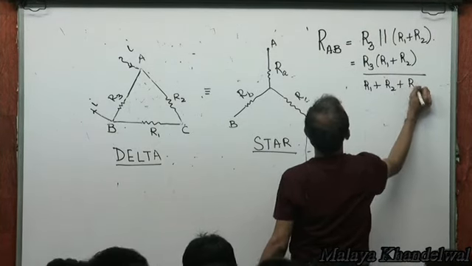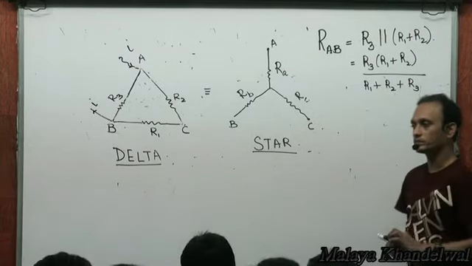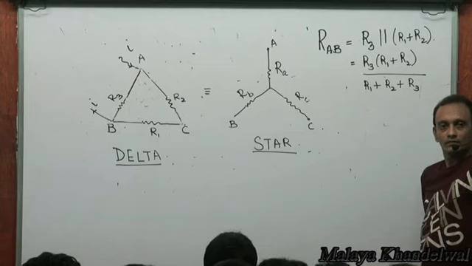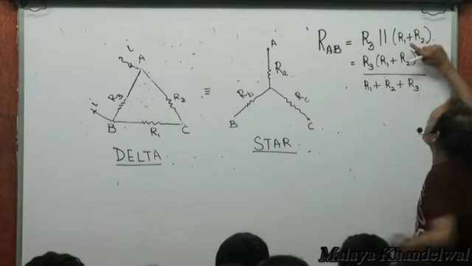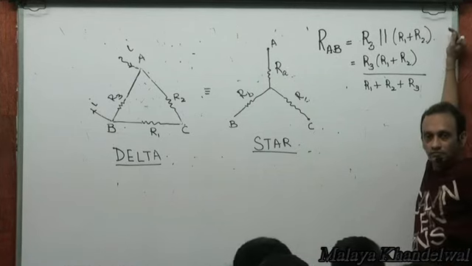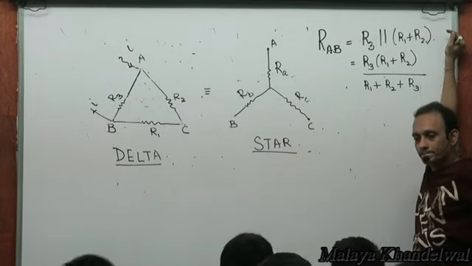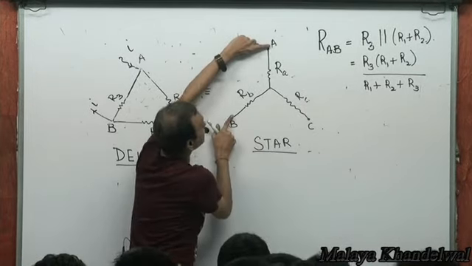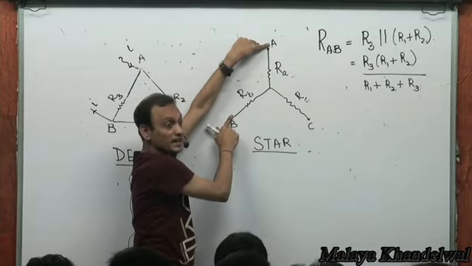Do you understand? If these two are in parallel, the equivalent resistance would be this into this divided by this plus this. Right? And that must be the same. If this is equivalent, then the R across AB must be the same.